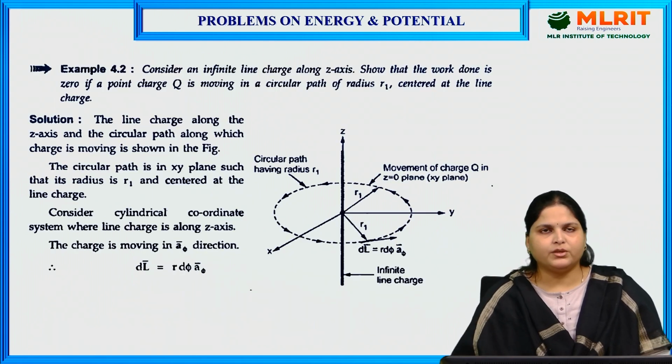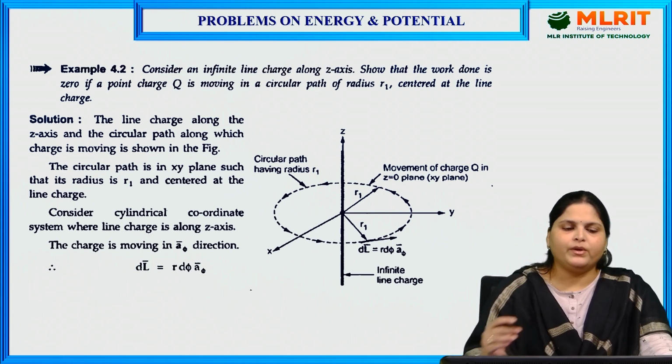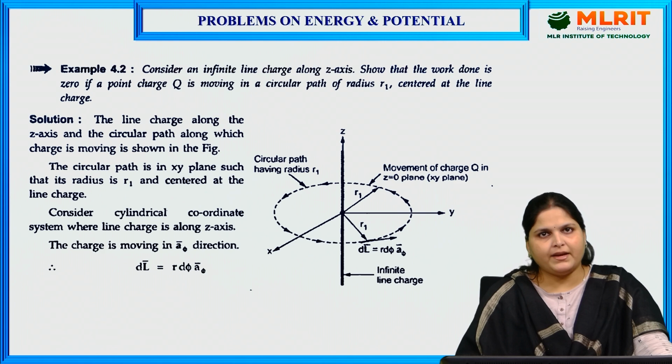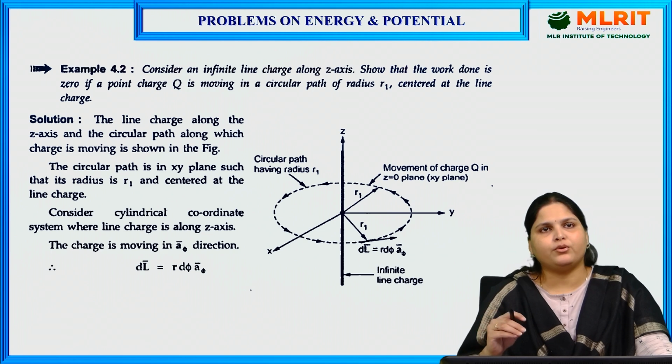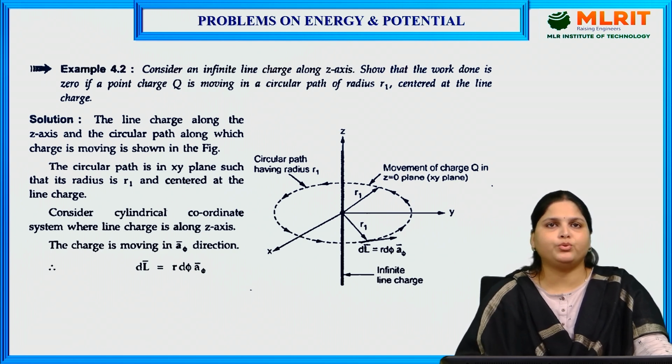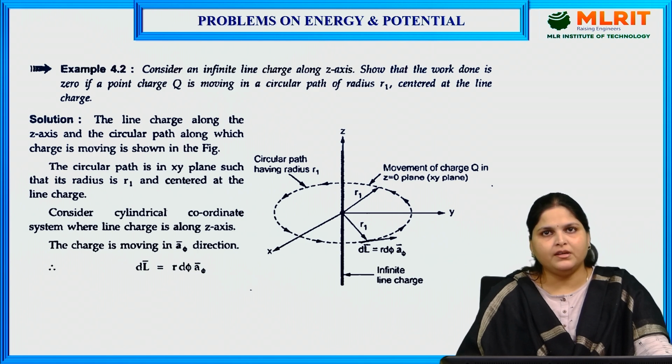Let's take another question to understand better about energy and potential. Here we consider an infinite length line charge along the z-axis. We need to show that the work done is 0 if a point charge q is moving in a circular path of radius r1 centered at the line charge.